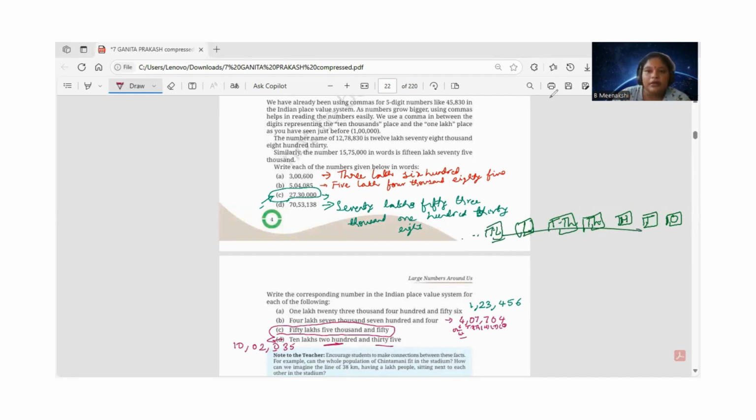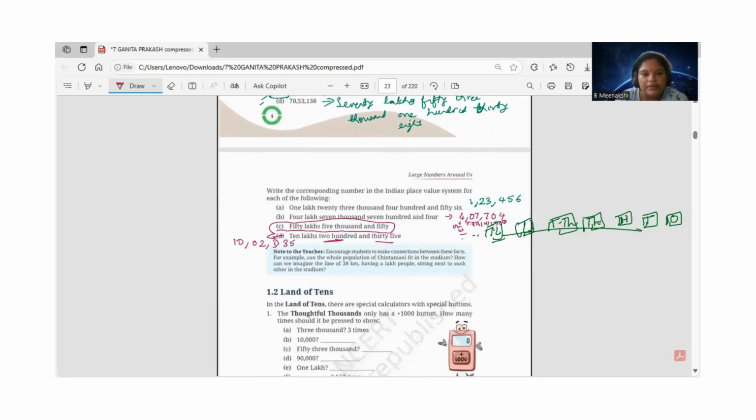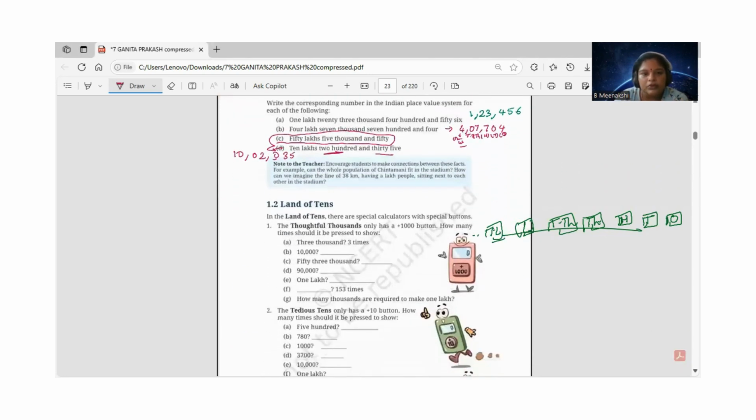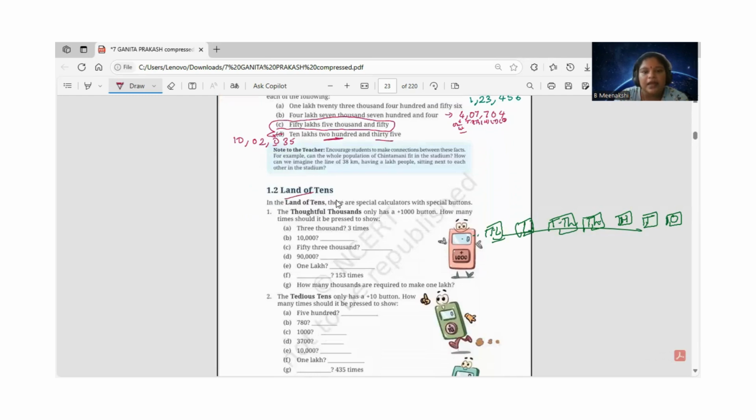I will explain the Indian place value and international place value system in the next video. So this is how we are supposed to write the number. Please go to my next video for this.